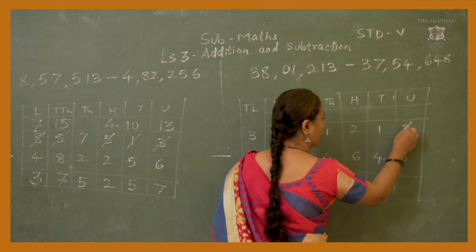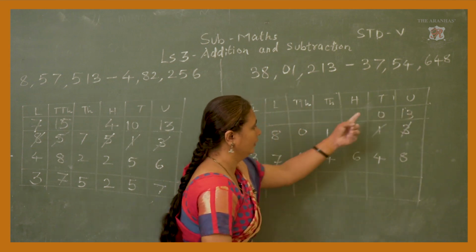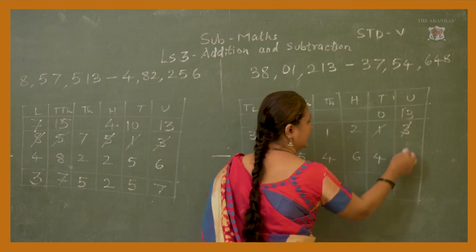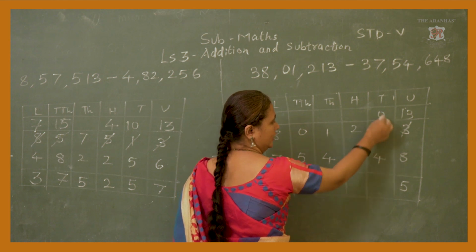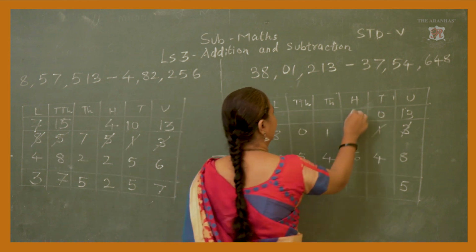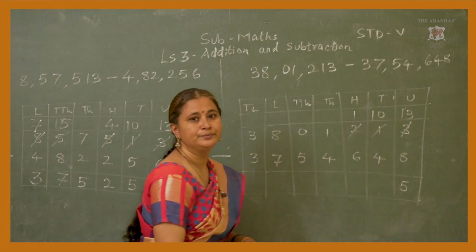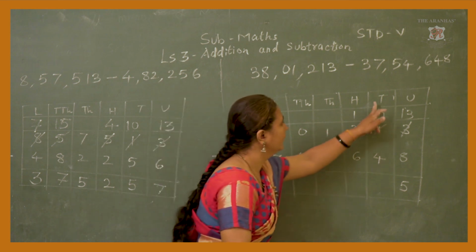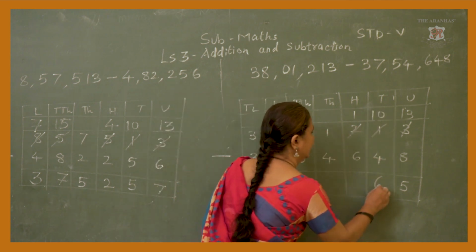So, borrow the number from the 10 place. Cut 1 from 1. So, we are getting 0 here. 13 minus 8, 5. Again here 0, 4. 0 is less than 4. Again we have to borrow from 100 place. So, here cut one number from 2 and take the 10 for the 10 place. 10 minus 4, 6.